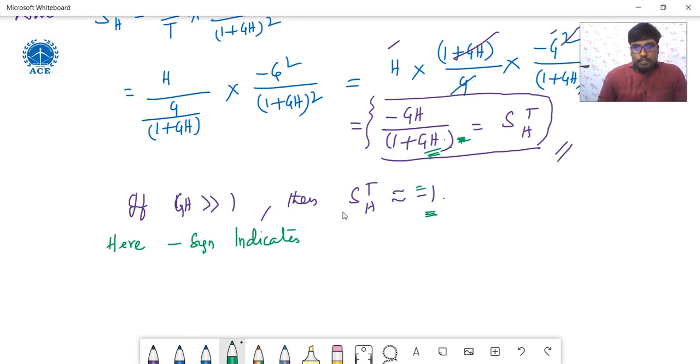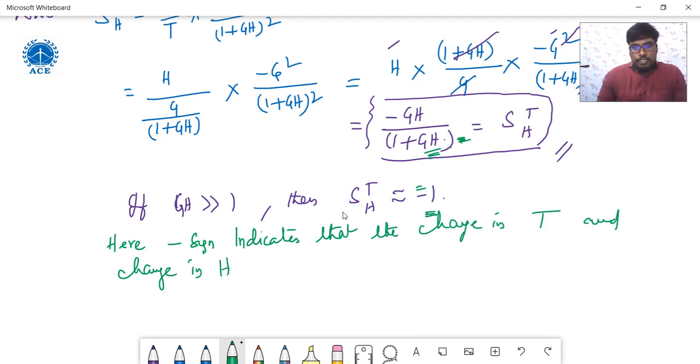This minus sign indicates that the change in the overall gain and change in H are opposite.